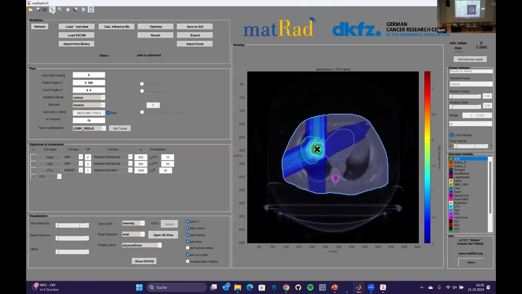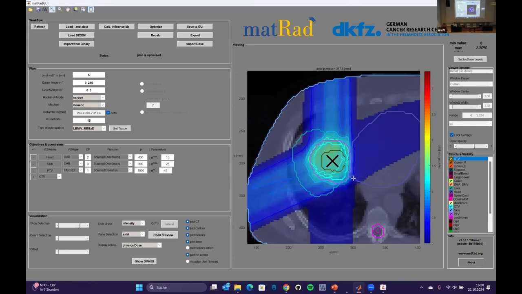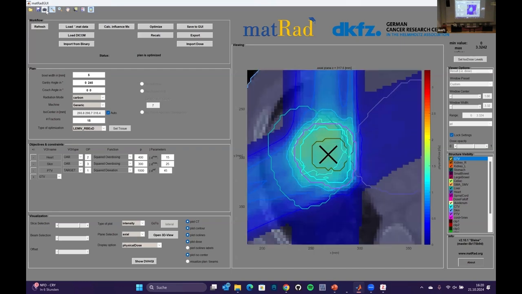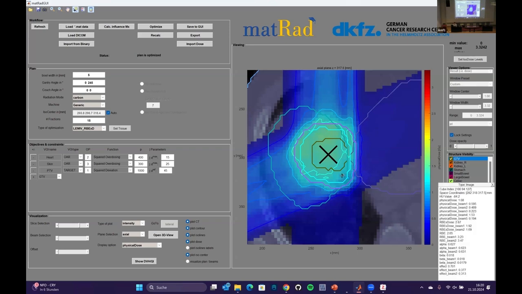In principle, I can zoom in a little bit. Then you also see really nicely that there is a change in depth. Basically both beams come in from here. The physical dose, the energy absorbed per mass, is lowest here, and it is almost 1/3 of the actual prescribed dose of 3 gray per fraction, I think, which you see here.